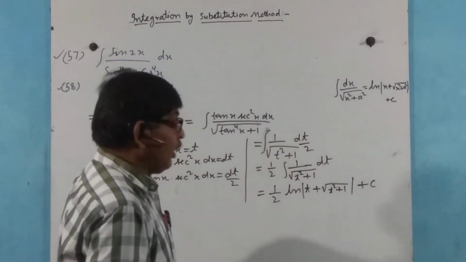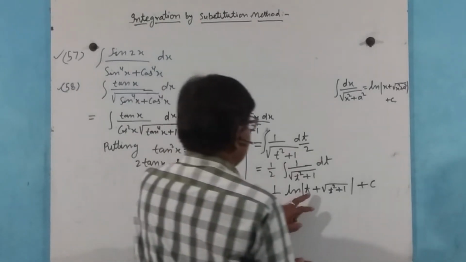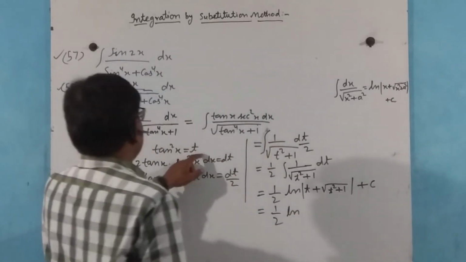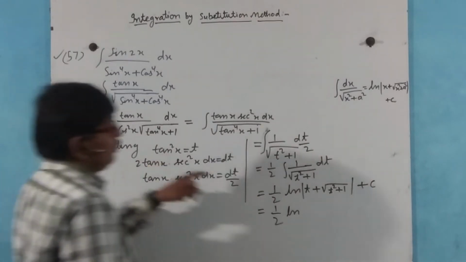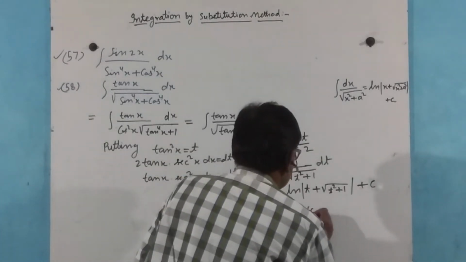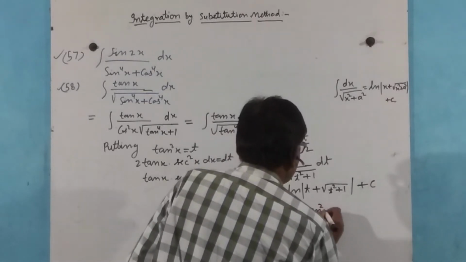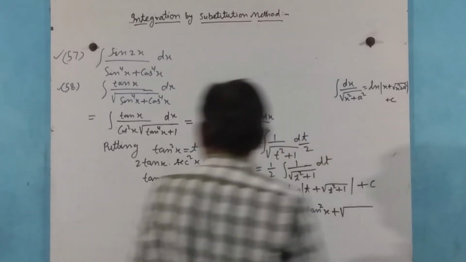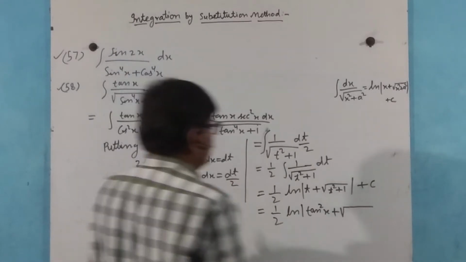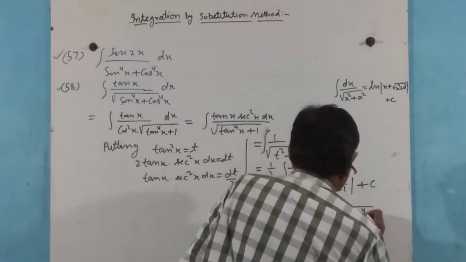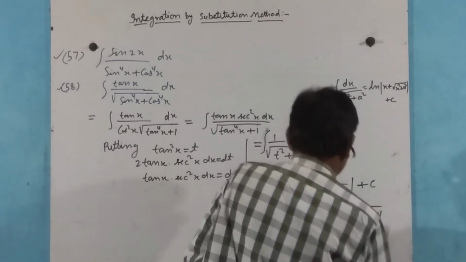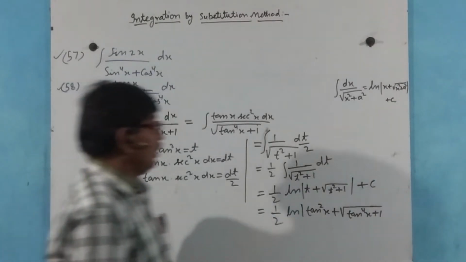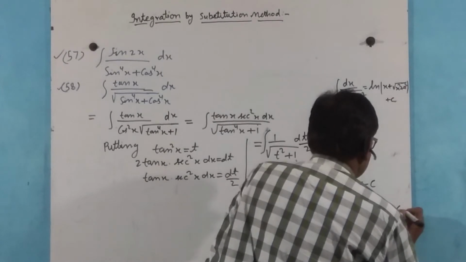As you know, the value of log is not equal to 0. Now putting the value of t, which is tan square x, we get 1 by 2 ln of tan square x plus under root tan to the power 4 x plus 1, mod of this, plus c, the integrating constant.